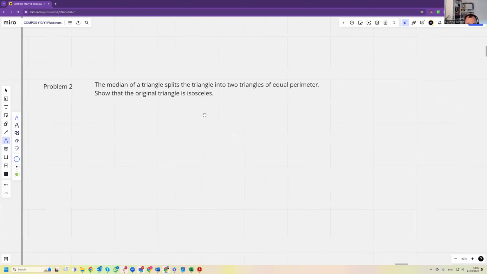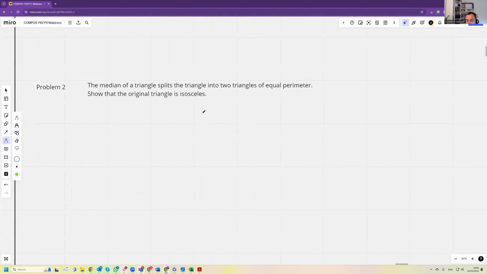The median of a triangle splits the triangle into two triangles of equal perimeter. Show that the original triangle is isosceles. Okay, so we have a triangle ABC. Let's say we have triangle ABC.